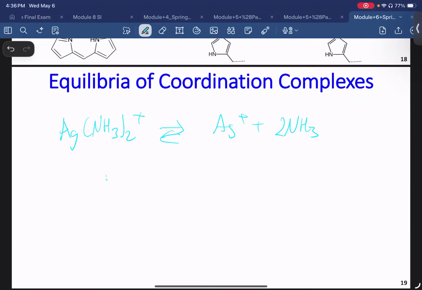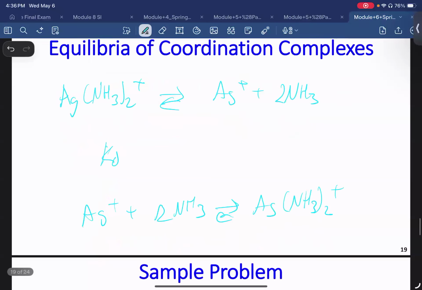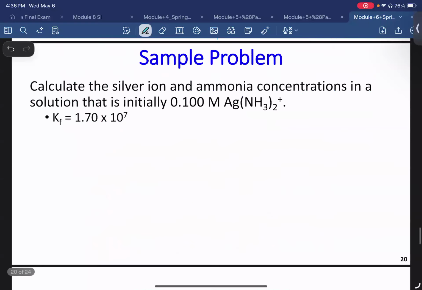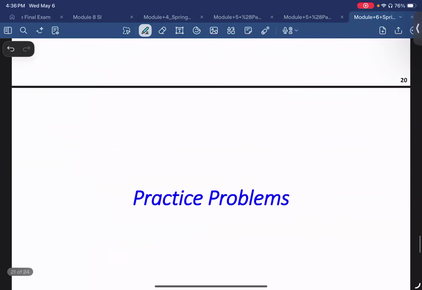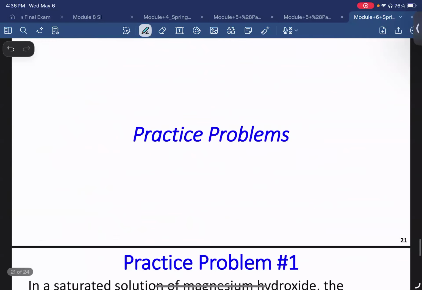This is the Kd in this case. The Kf would be Ag plus 2 NH3 producing the complex here, and this is a Kf. There are some questions regarding this with ICE tables and stuff like that. That's pretty much all the module stuff.